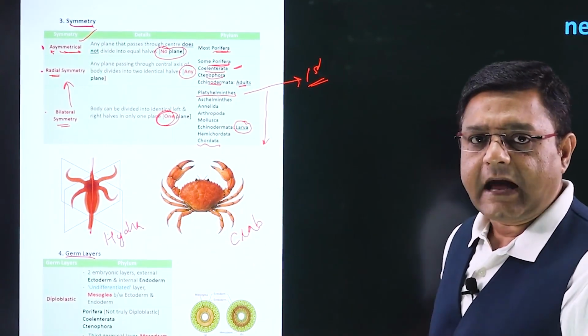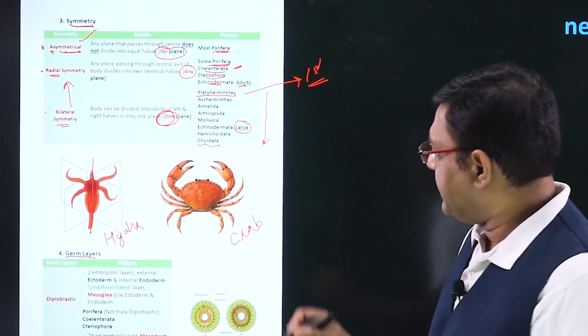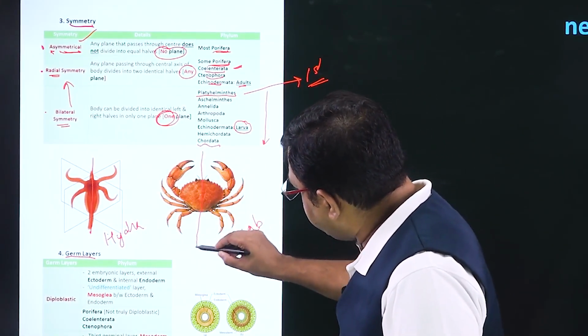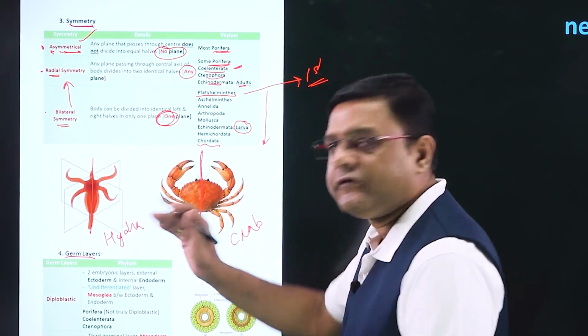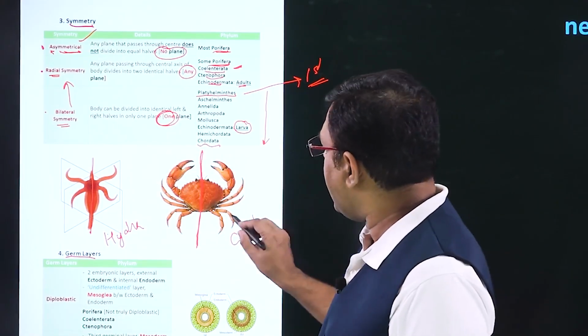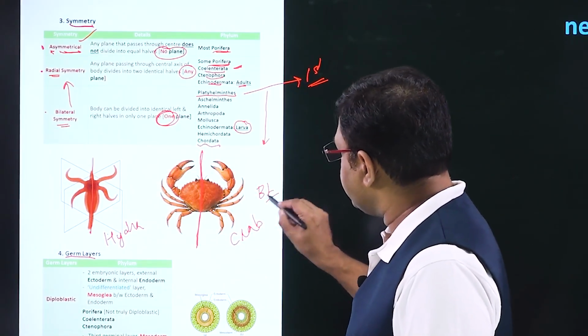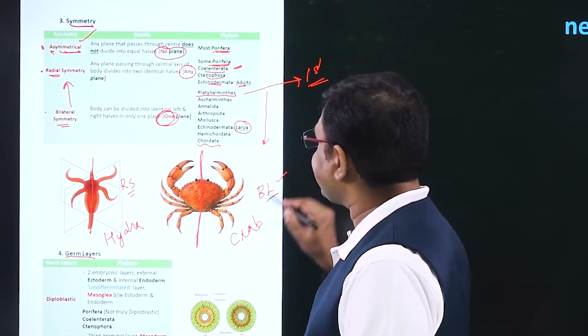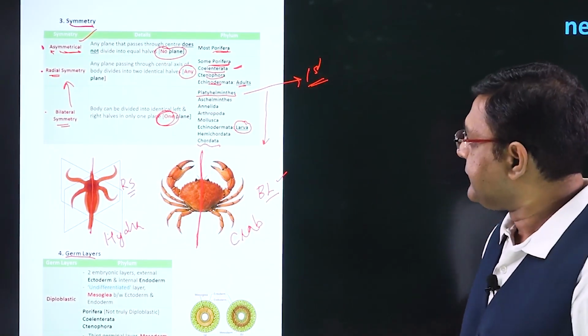In the case of the crab, there can be just one plane. This is the center, and this is the only plane which will divide it into two equal halves, and if it is just one plane, then it is bilateral symmetry. So, that was the case of radial symmetry, and this is the case of bilateral symmetry.